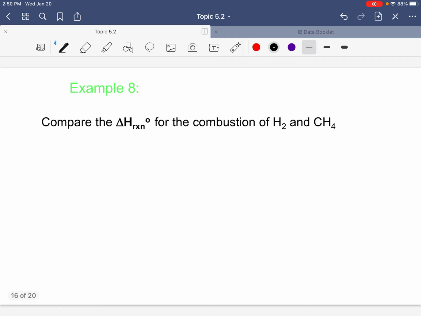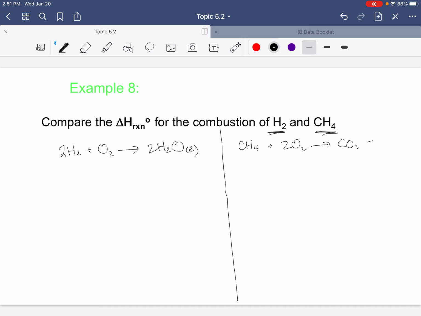I'm going to leave this one with you. I want you to do delta H of reaction for the combustion of hydrogen and the combustion of methane. In case you don't know, this is the combustion of hydrogen gas, and this is the combustion of methane. I even balanced it for you.